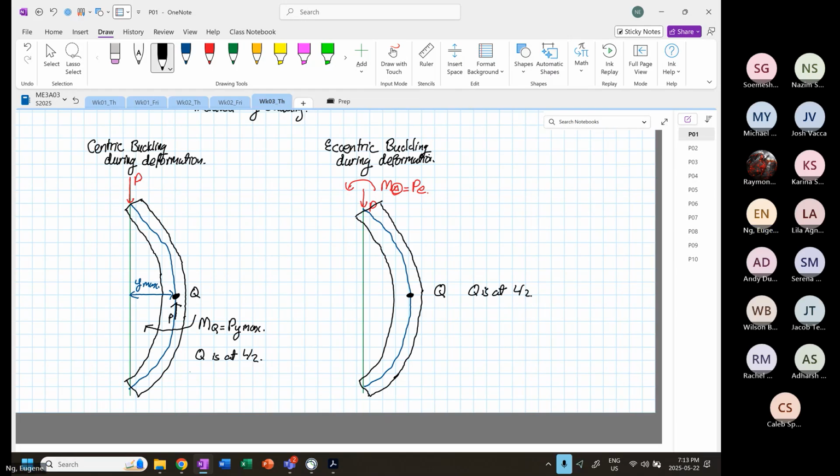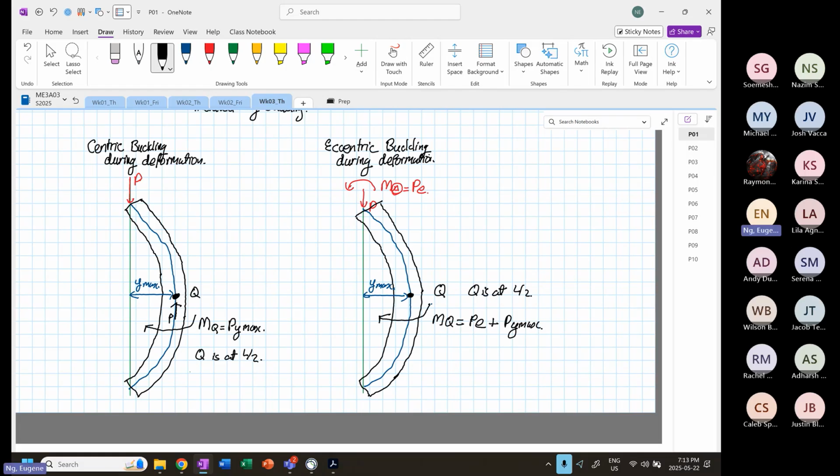For this case, we again have a Y max. Now the moment at point Q has to overcome the moment due to the eccentric load applied by P, plus P multiplied by Y max.